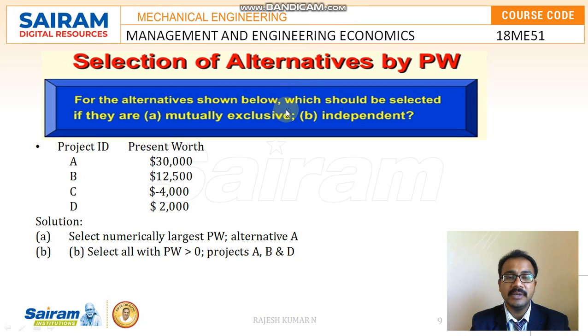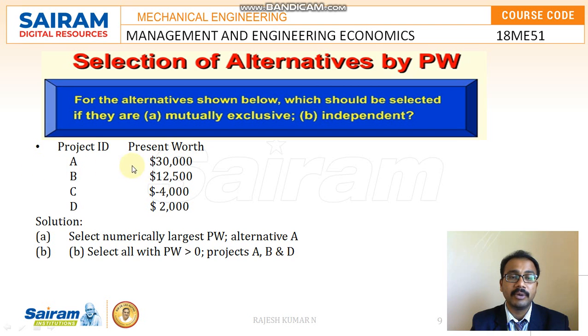So first we will see, when we consider the selection of alternatives by present worth, it should be selected either with the mutually exclusive or the independent one. Here you can see, I have taken four project proposals, and let me name them proposal A, B, C, D, and the present worth for all of them is listed here.